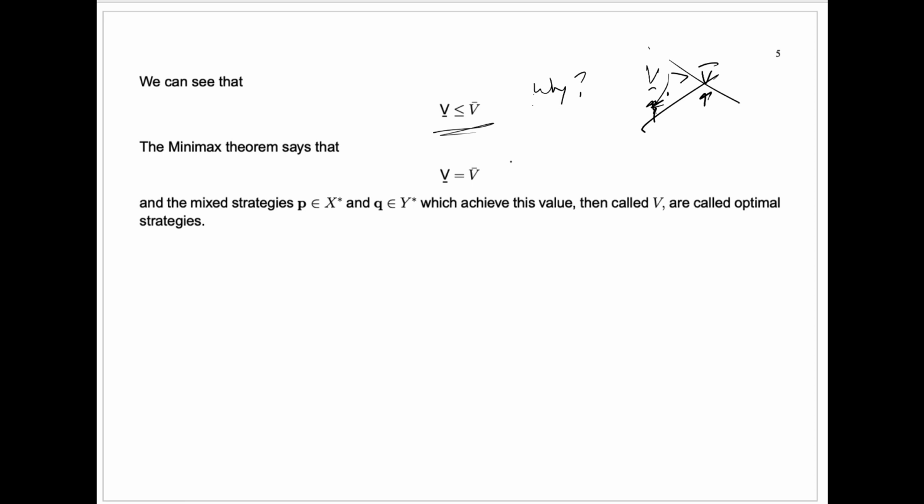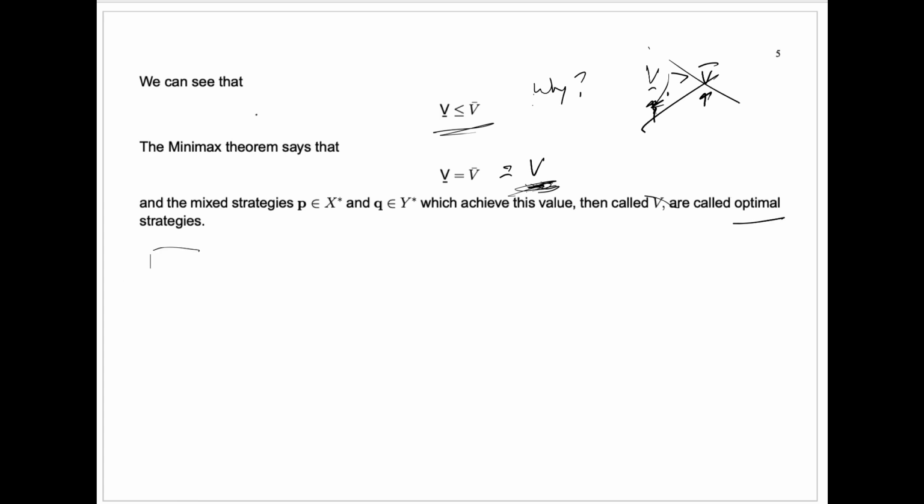That justifies our calling this V the value of the game, and the particular mixed strategies P and Q that player 1 plays and player 2 plays, that achieve for player 1 no worse than V, which is the same as V lower bar, and for player 2 no worse than V upper bar, meaning a number less than or equal to V upper bar, which again is the same as V. Those strategies are now exactly what we mean by optimal strategies.